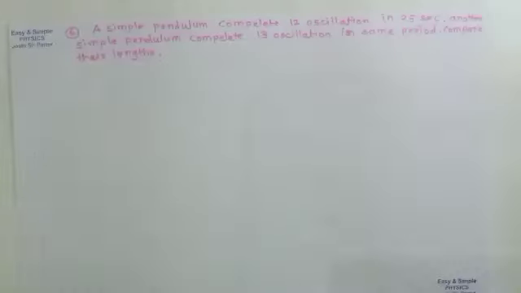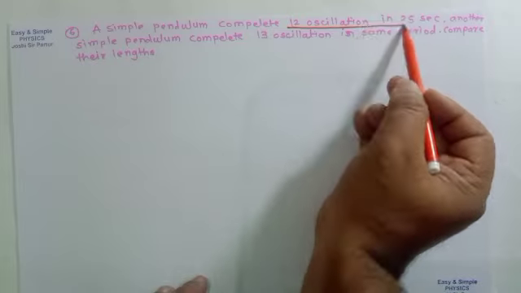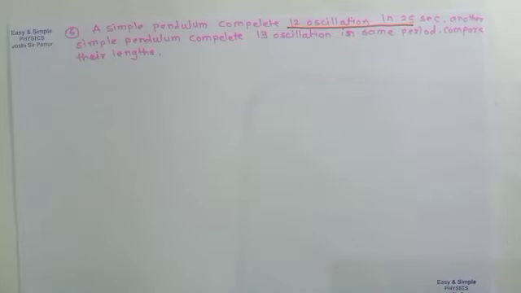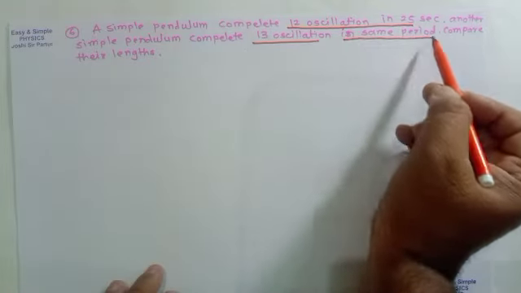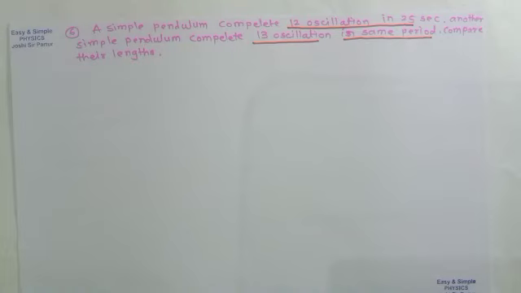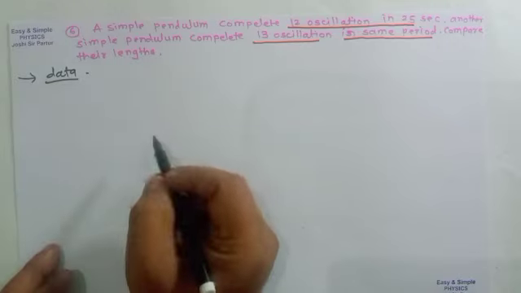Again we can solve another example. That example is: a simple pendulum completes 12 oscillations in 25 seconds. Another simple pendulum completes 13 oscillations in the same period, that is in 25 seconds. Compare their lengths. In such an example, we write the data.